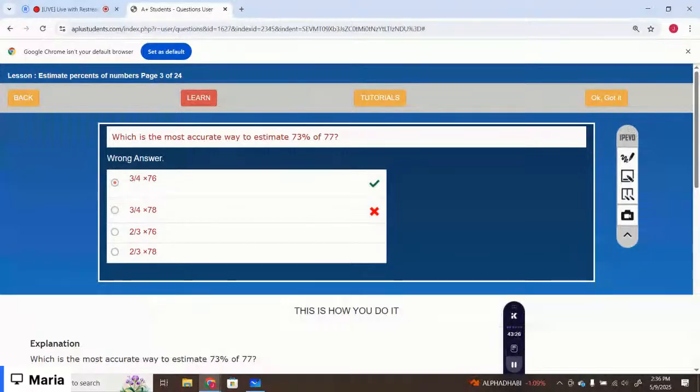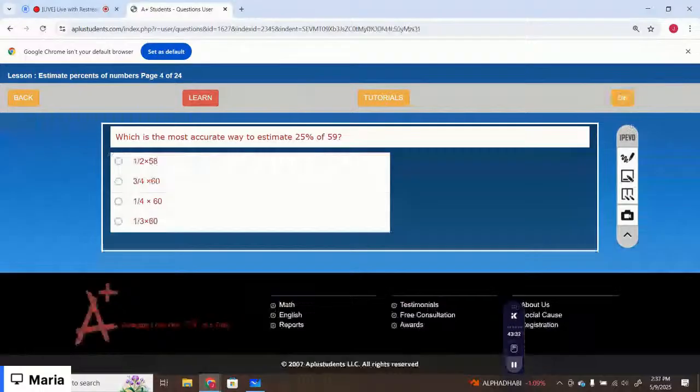Which is the most accurate way to estimate 25% of 59?